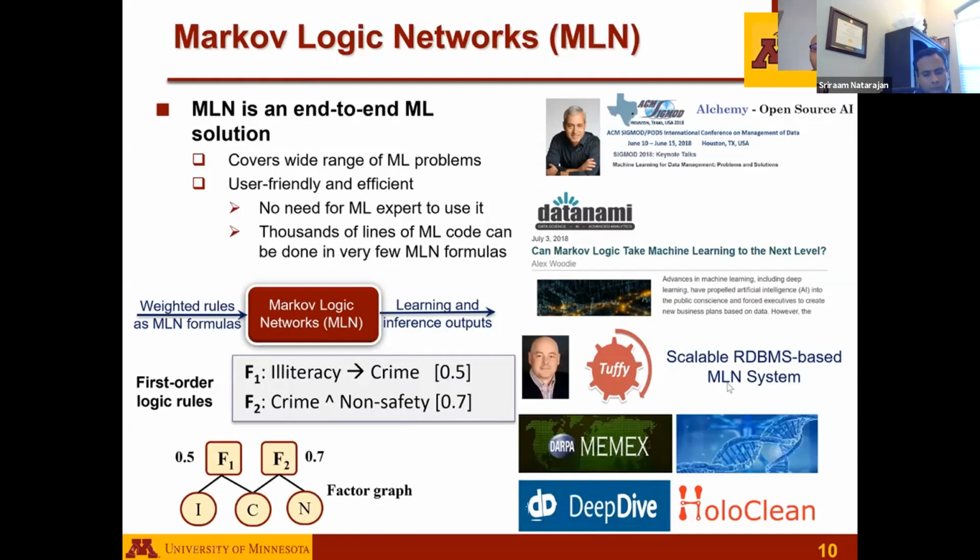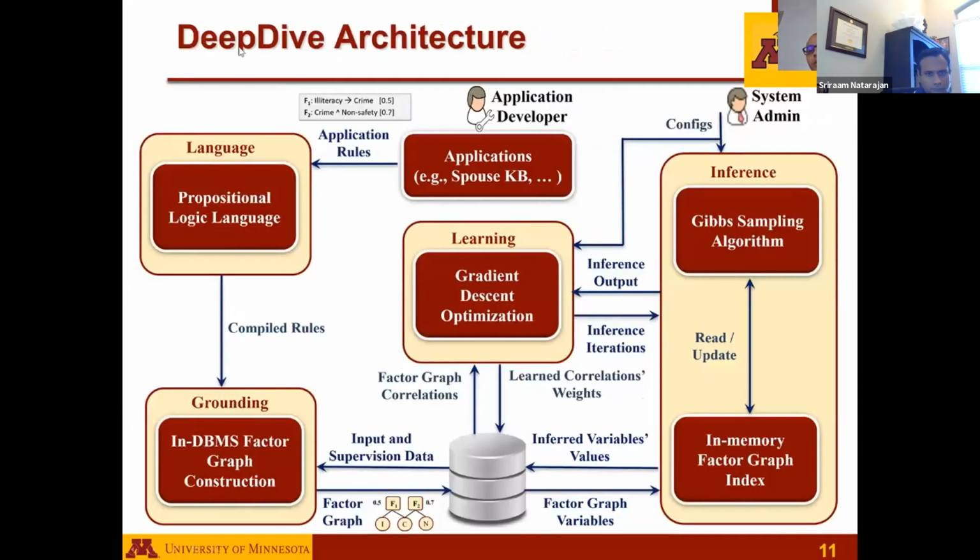So this is the DeepDive architecture that we have on top of Markov logic networks. Basically it consists of four main modules: the language module, grounding module, learning module, and inference module. Any application developer can write their application as a set of rules, as we mentioned before, and then we pass it to the language module to compile these rules, and then to the grounding phase, which constructs a graphical representation of these rules.